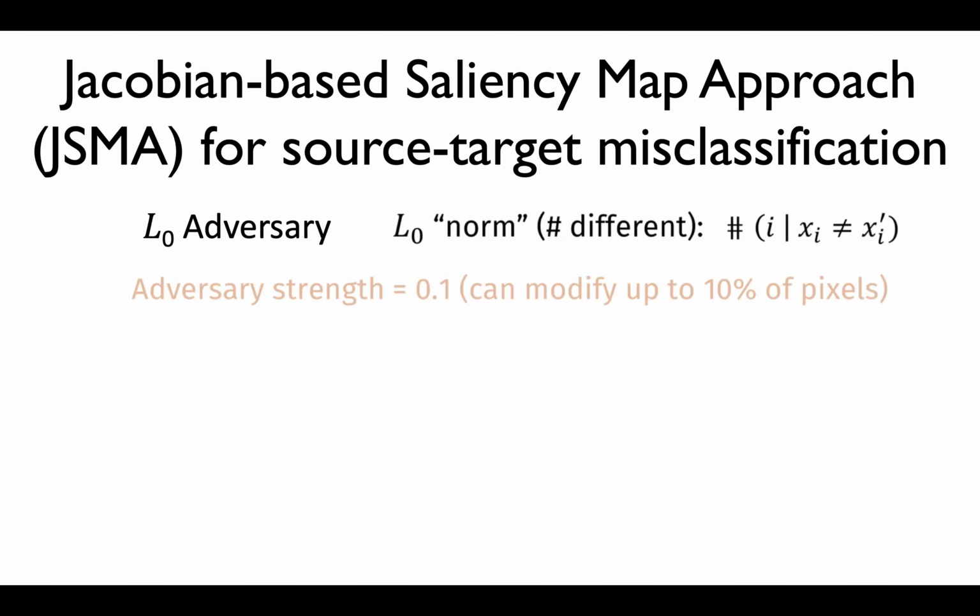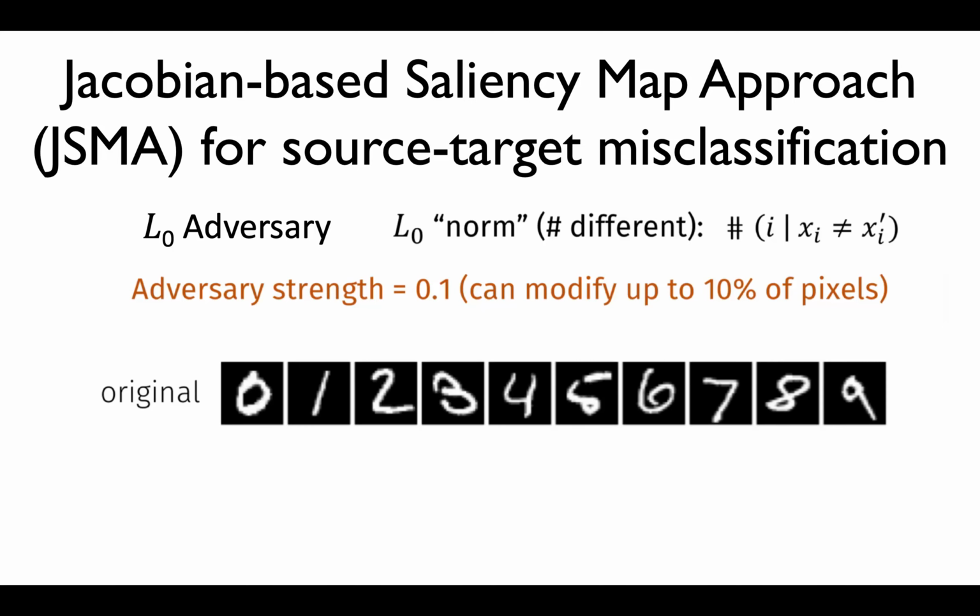Let me now show you another attack which has a different constraint. In this, you have an L0 constraint. In other words, you are limiting the number of pixels that can differ between the input example and the adversarial example. So let's see in this case how the attack will create adversarial examples.